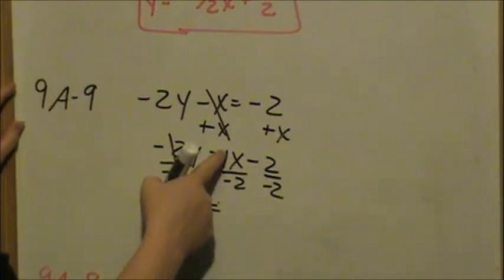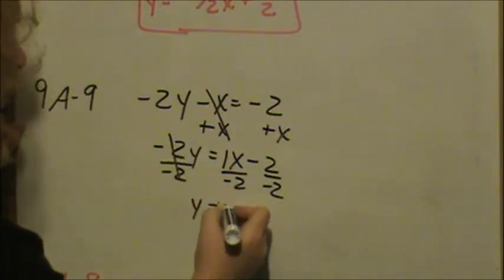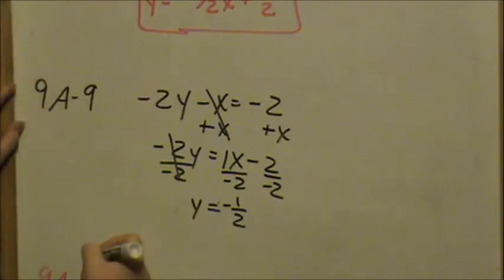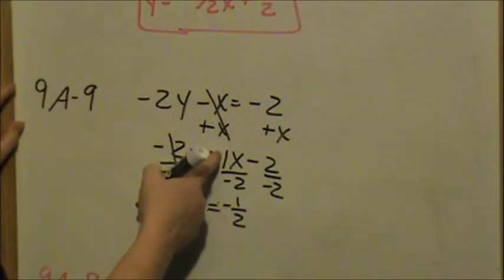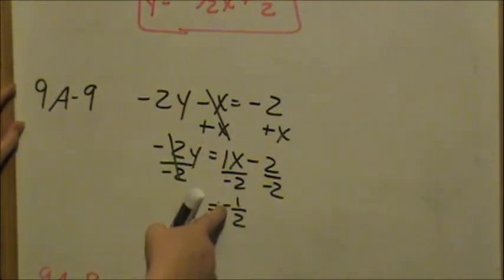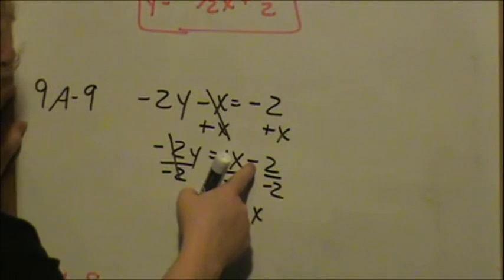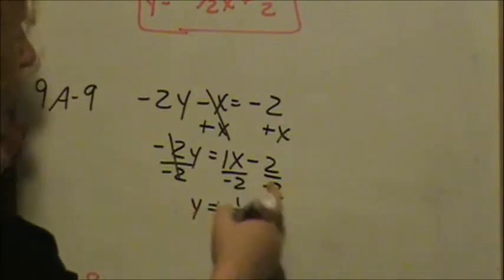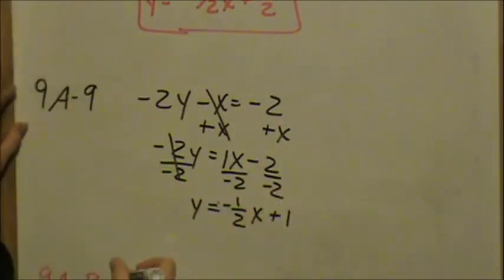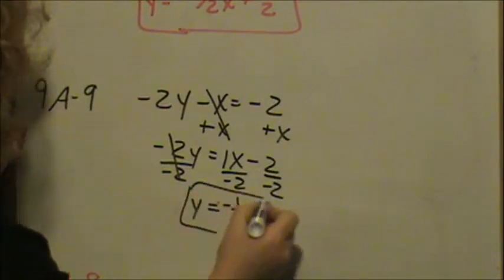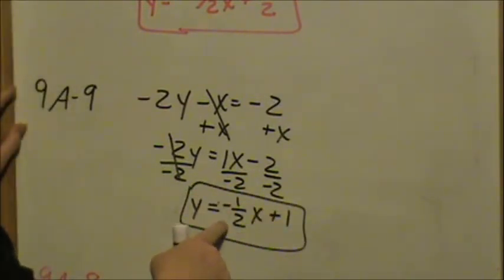So this is like saying 1 over negative 2, or negative 1/2 x, because remember, a positive divided by a negative is a negative. It's okay if this negative is just written out in front. So negative 1/2 x, and negative 2 divided by negative 2 is a positive 1.